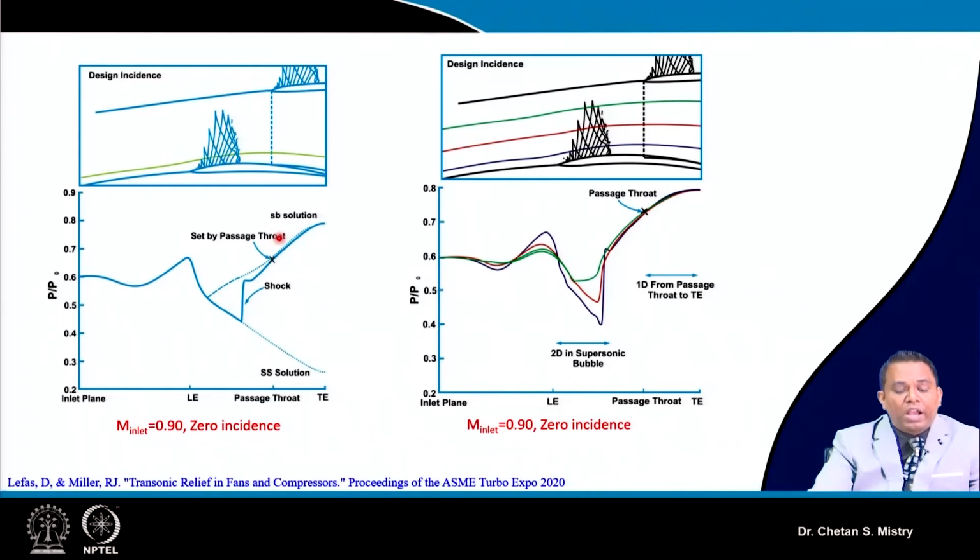Now, this dotted line is what we get when we consider the flow to be completely subsonic, and when we consider the flow to be completely supersonic. Say this is a subsonic entry of Mach 0.9, and for the supersonic range maybe Mach 1.2, 1.3, this is what is represented. Okay.